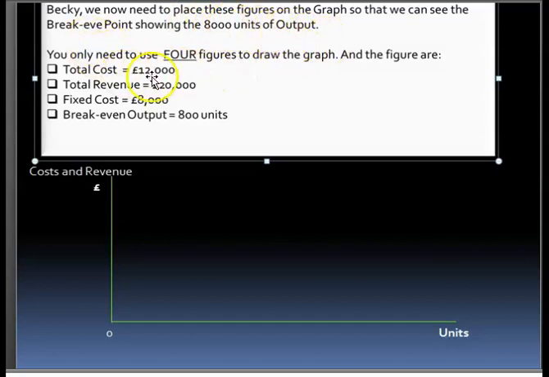Okay, you only need to use 4 figures to draw the graph, and the figures are the total cost, total revenue, fixed cost £8,000, break-even point, break-even output 800 units. So here I meant 800 units, so just help me to make that one 800 units. 800 units, just change that to 800.